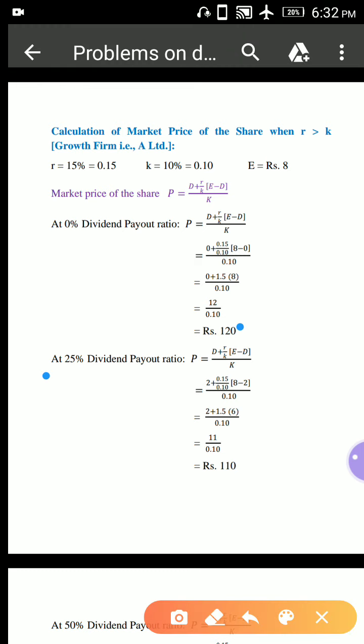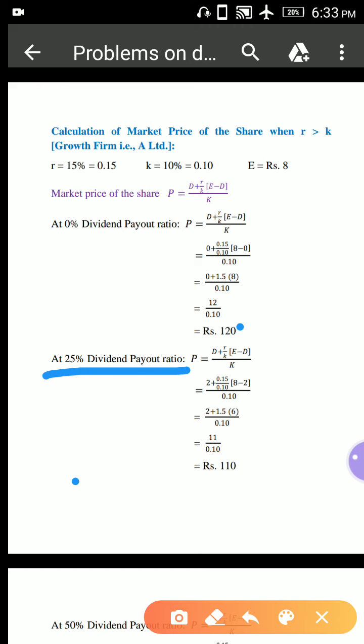Now at 25% dividend payout ratio, the values will be the same except the D value. Remaining values will be the same. R value will be same, K value will be same, E value will be same. Only D value alone changes throughout the problem.